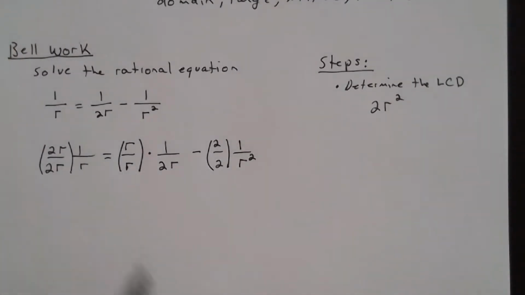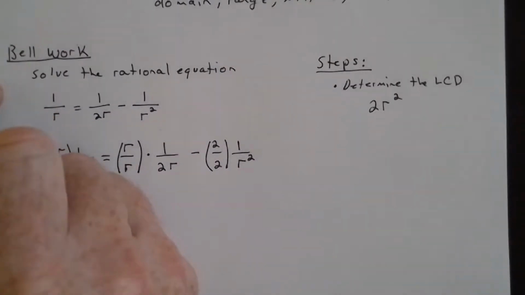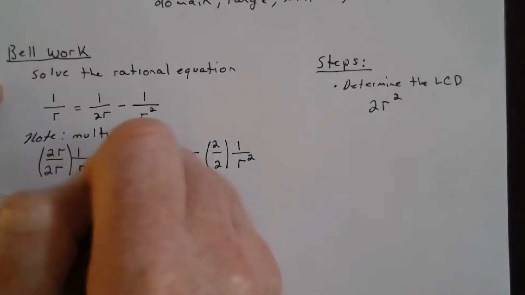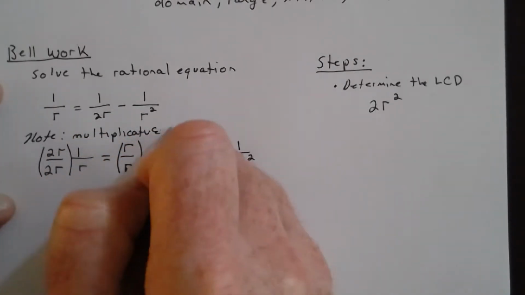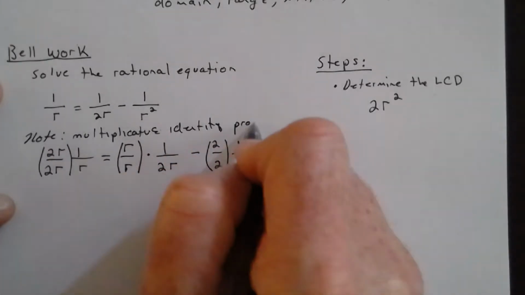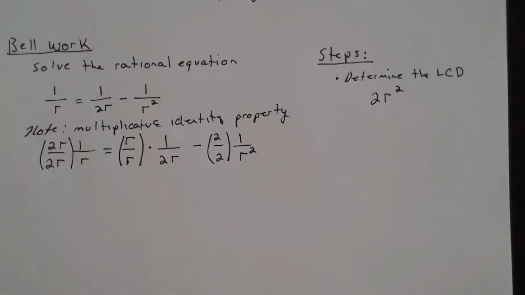And what you see is the multiplicative identity property being used. The multiplicative identity property.